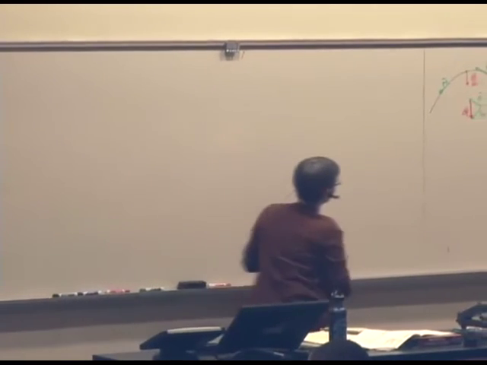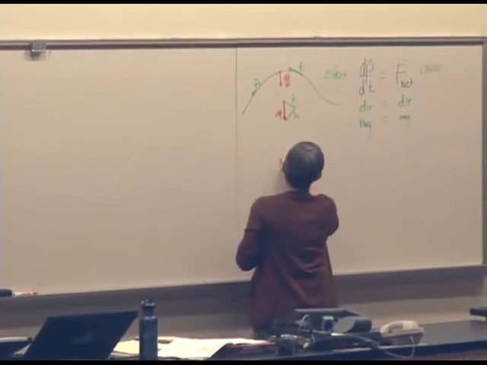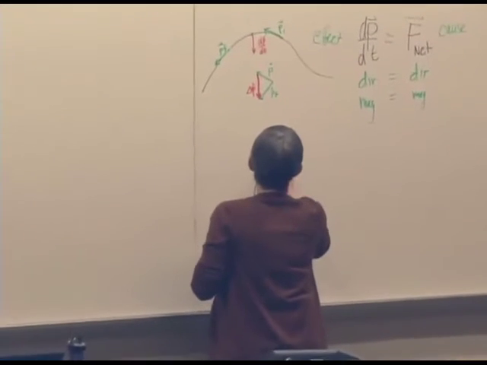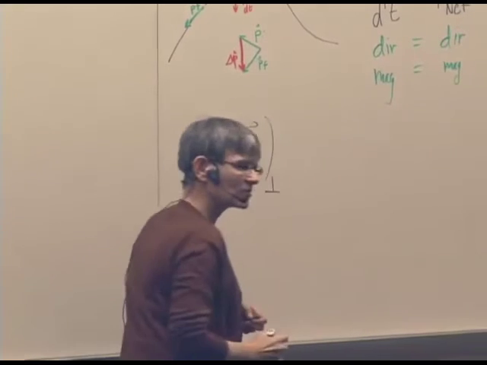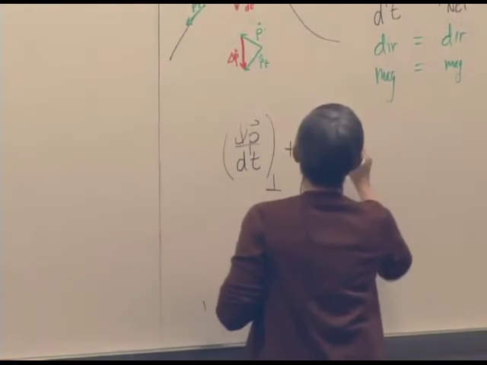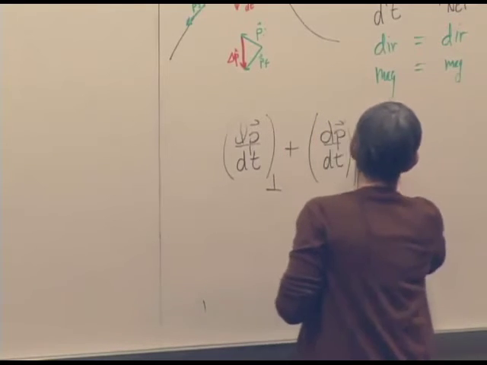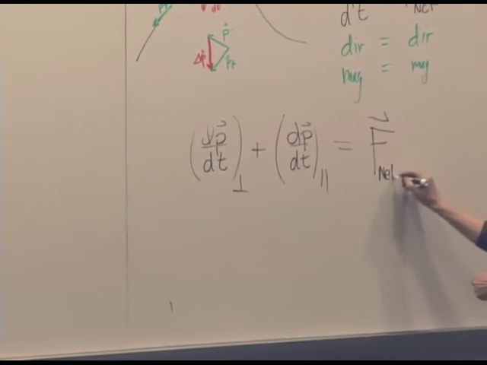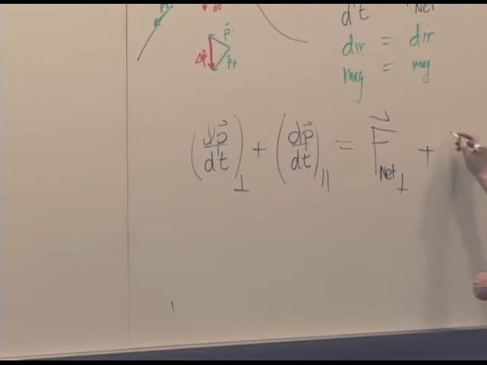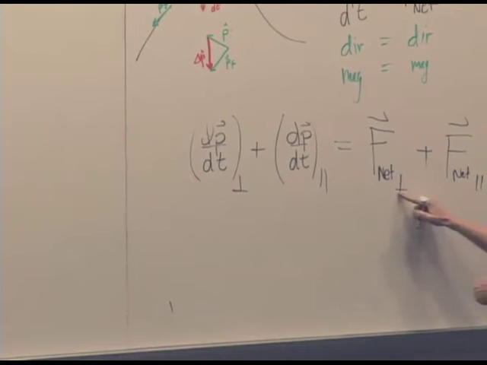We can write down that we have a component of dp dt that's perpendicular to the momentum plus a component of dp dt that's parallel to the momentum, and that's going to equal a component of f net that's perpendicular to the momentum plus a component of f net that's parallel to the momentum.